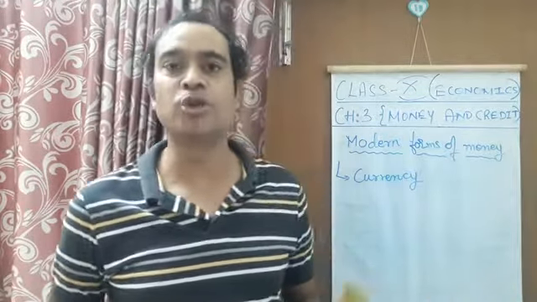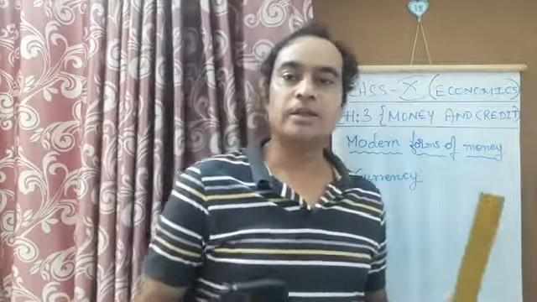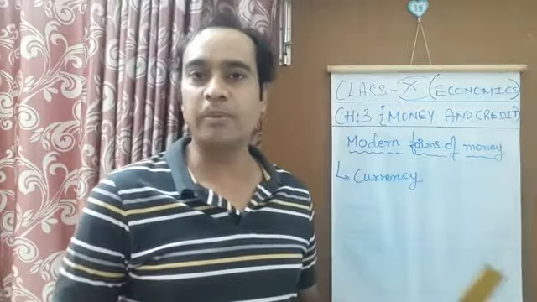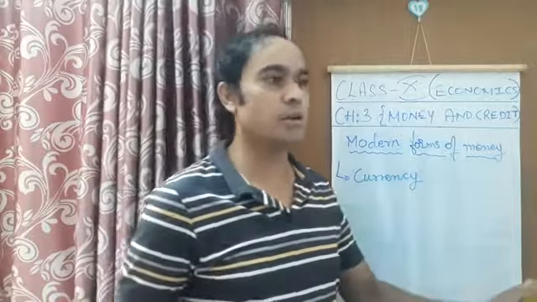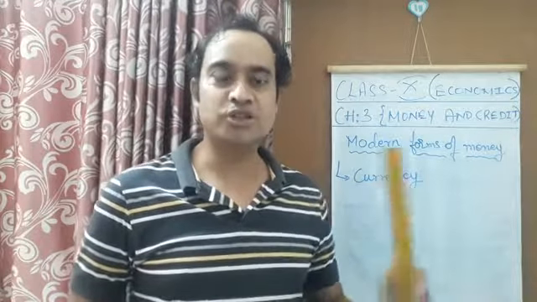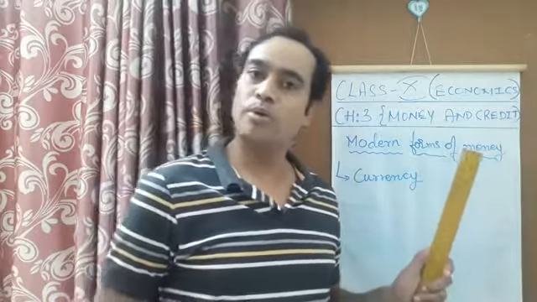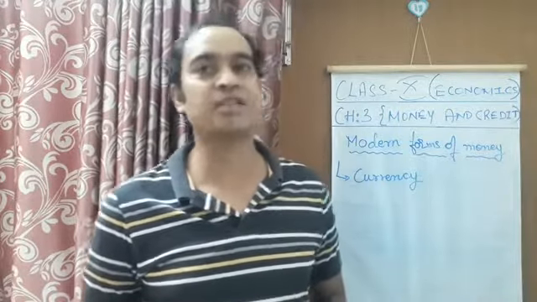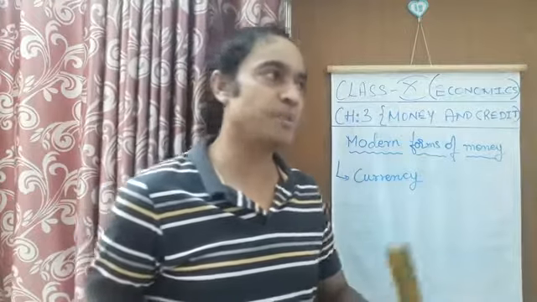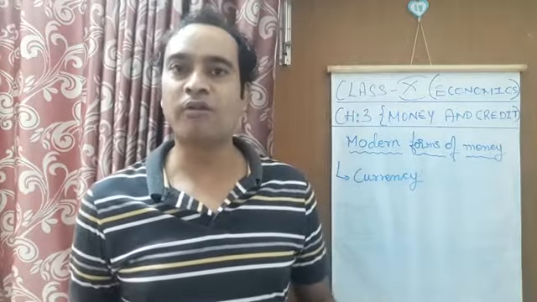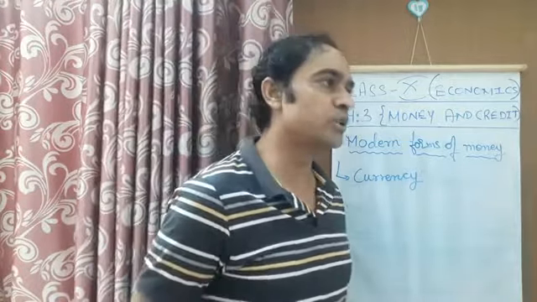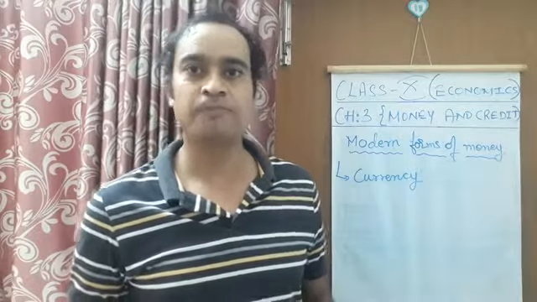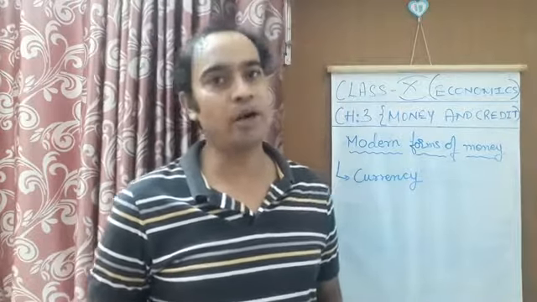I want to tell you this, legal tender money here means that the government of India made it legal that this paper which is used as money, whatever amount is printed on it, it should be accepted by everyone. It was made legal, a law was made, and if anybody is going to say that I will not accept this paper, he will be punished for it.